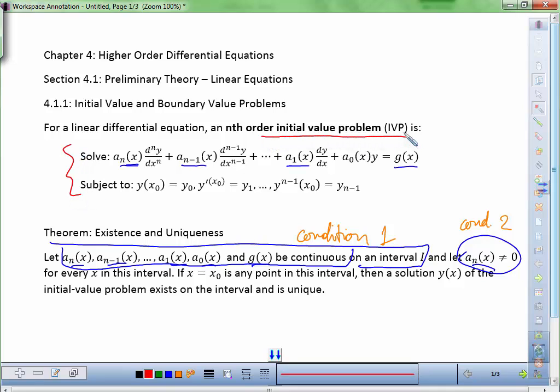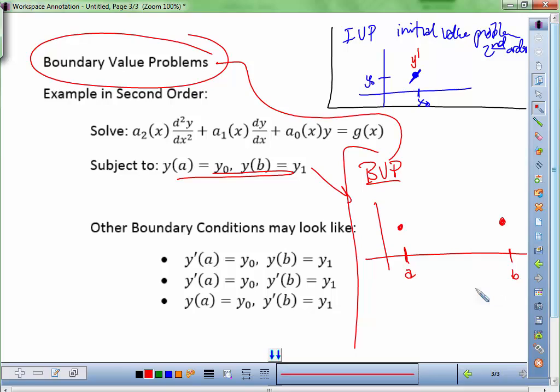So the existence and uniqueness theorem only applies to the IVP, which means if somebody gives you a boundary value problem, even if those conditions are satisfying the a2, a1, a sub 0, and g of x, there's no guarantee that you're going to come up with a solution, because there's no existence theorem for that.